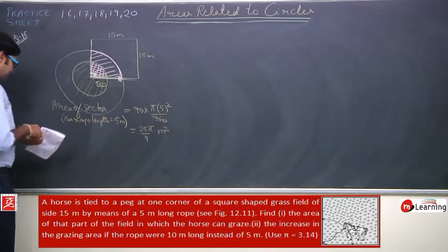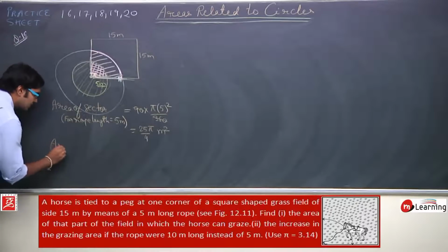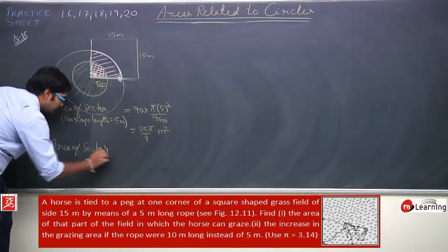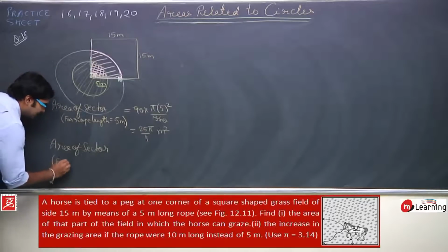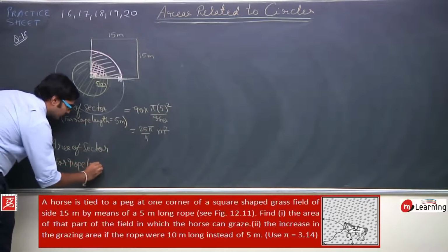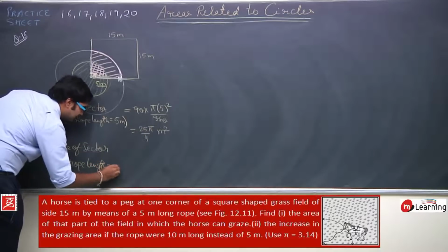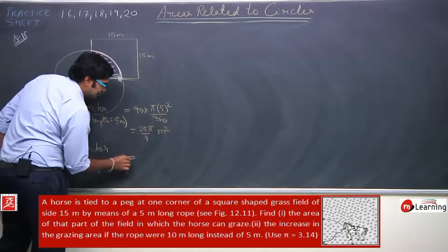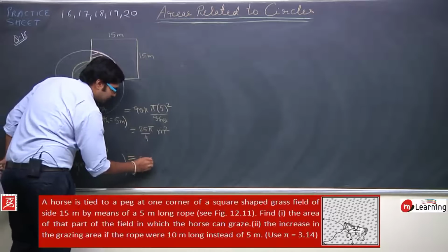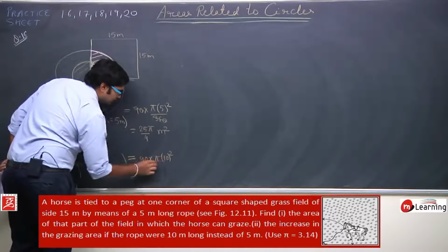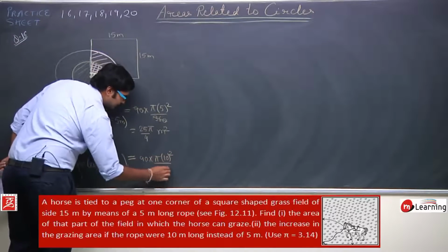So definitely area of sector for rope length equals 10 meters, I can say the horse can graze an area of 90 into pi into 10 square divided by 360.